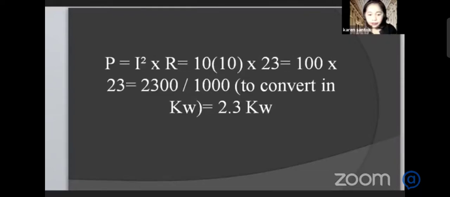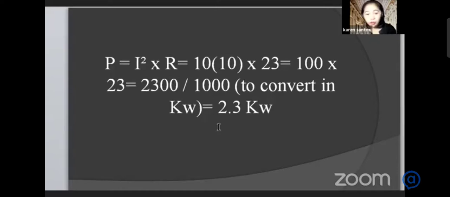So letter D, 2.3 kilowatts. P stands for I to the power of 2 times R. So it equals 10 times 10 times 23, so 100 times 23 equals 2,300. So to get the 2.3, we have to convert it to kilowatts.